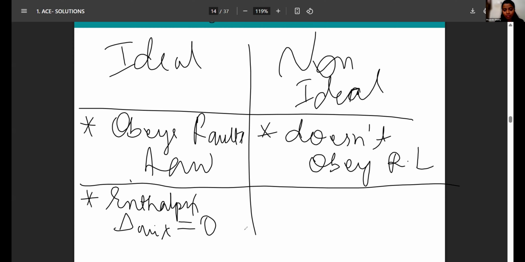Whereas here, the enthalpy of mixing of two pure components is not 0. So next, the last other property is the volume. Yes, it is about volume.